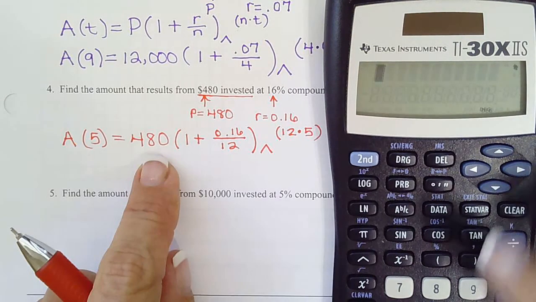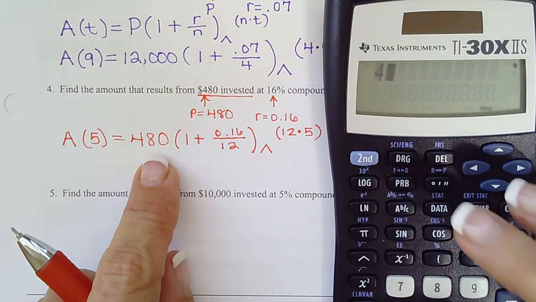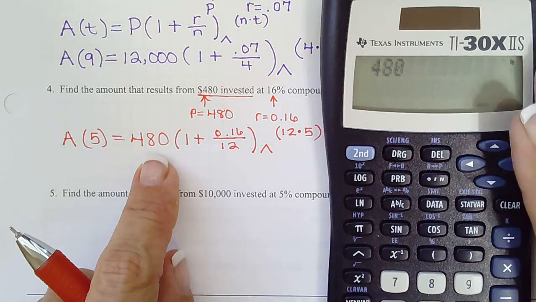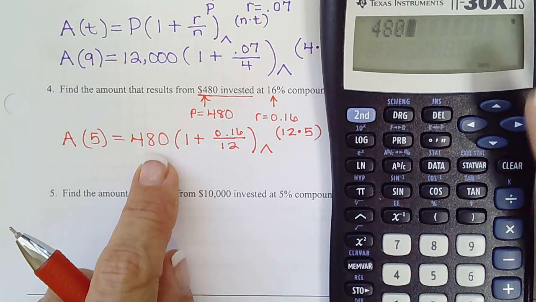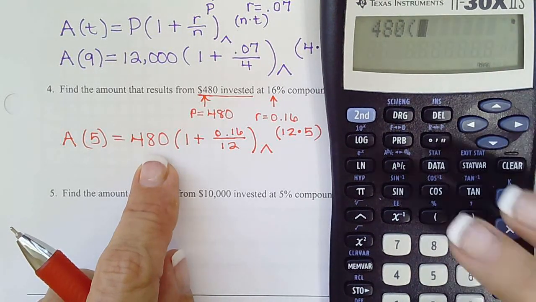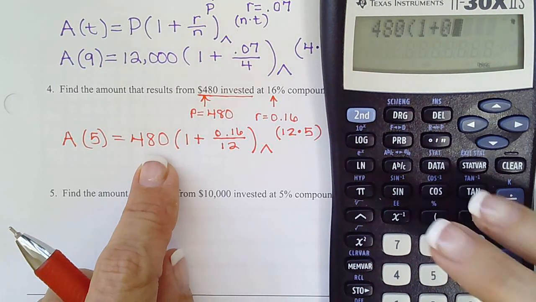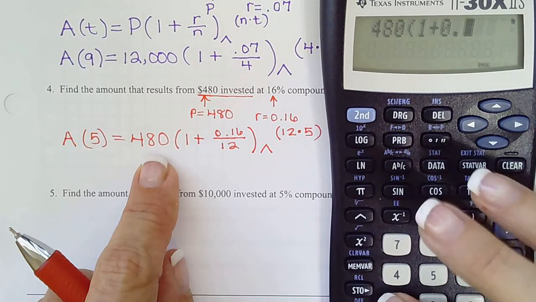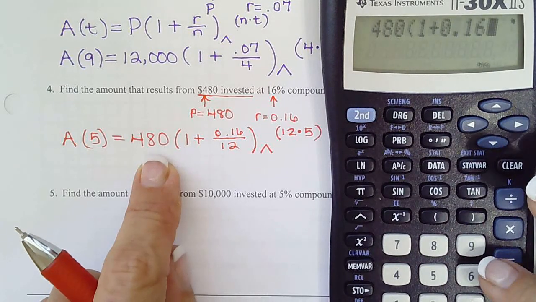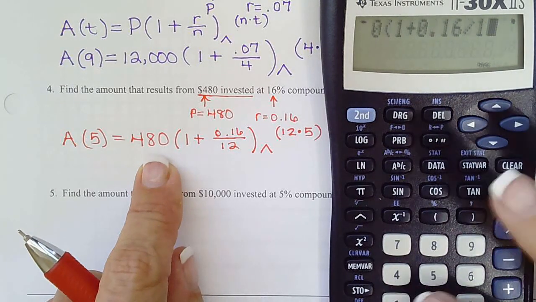So type it just like you see it. 480, parentheses, 1 plus 0.16 divided by 12.